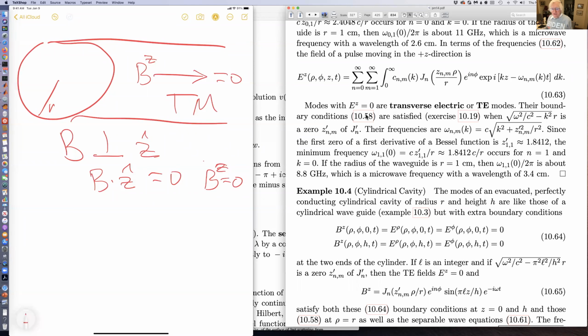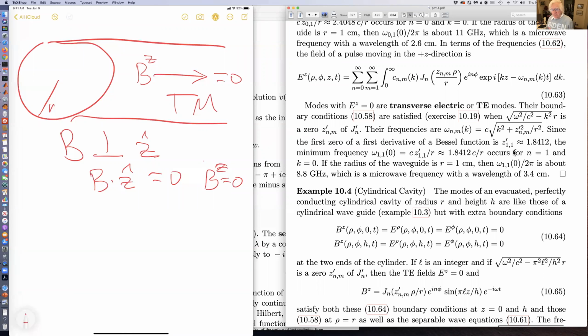That might be an interesting homework problem. The frequencies then are omega equals C times the square root of k squared plus Z prime n m squared over R squared, where Z prime n m is the mth zero of the first derivative of the nth Bessel function.